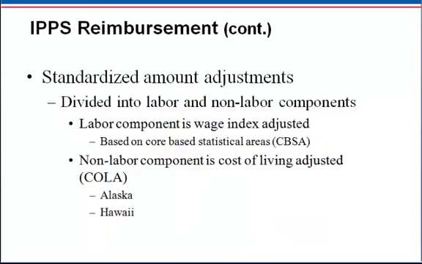Each year, the standardized amount is divided into a labor portion and a non-labor portion. The labor-related share is adjusted by the wage index for the hospital's geographic location. The non-labor share is modified by a cost of living, or COLA, adjustment. And the COLA is for Alaska and Hawaii only.